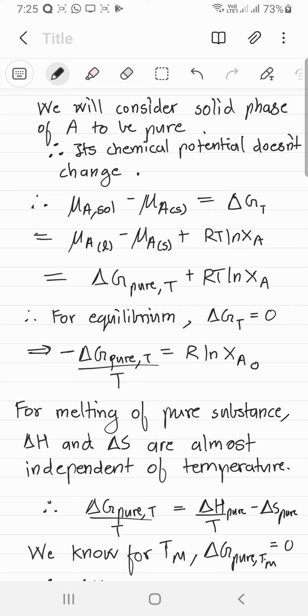So for that you need the Gibbs free energy change for melting of the pure liquid. You can figure out what that should be if you define xa naught to be the xa value when your delta G T is 0.